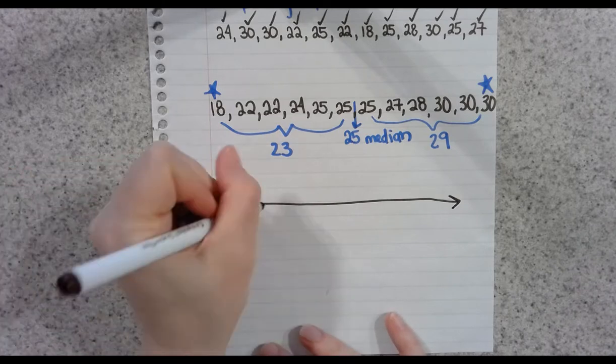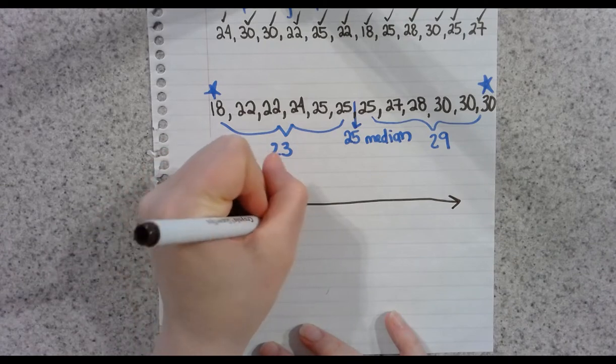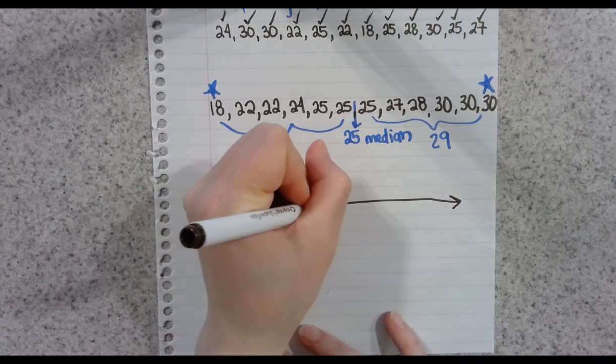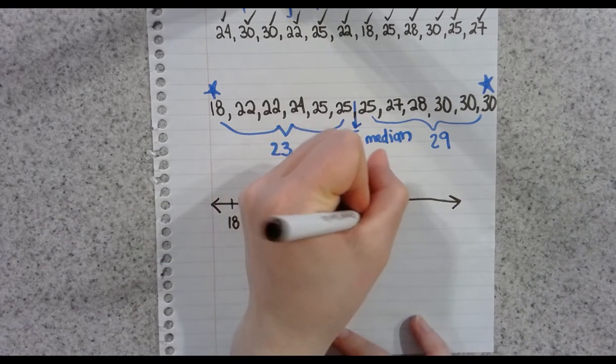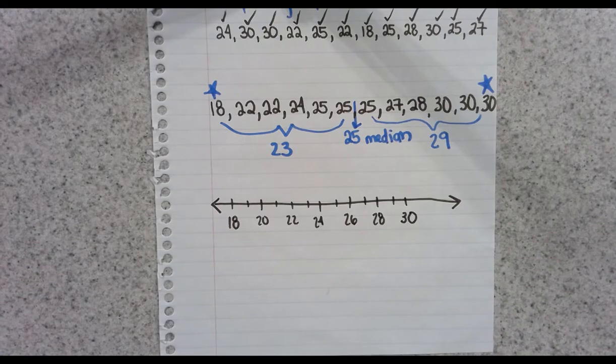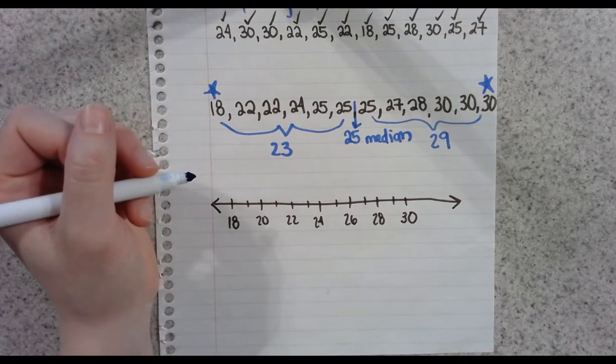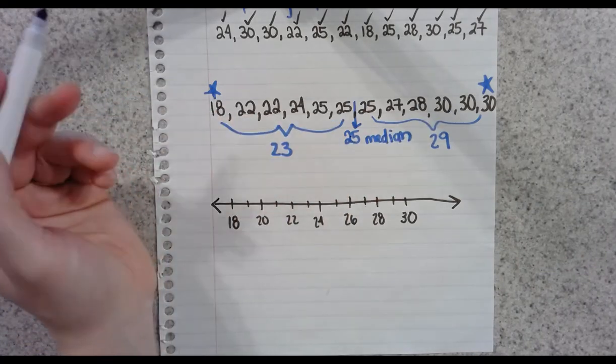So 18, and so I have the least all the way up to the greatest value, and now I'm going to put dots on each of these 5 numbers that I identified.